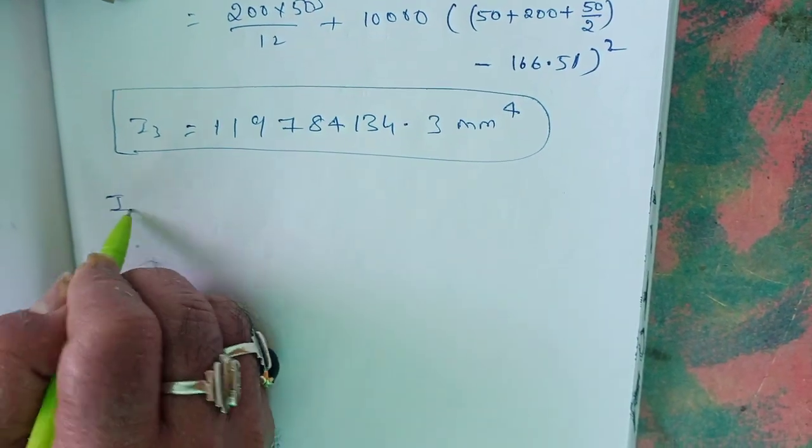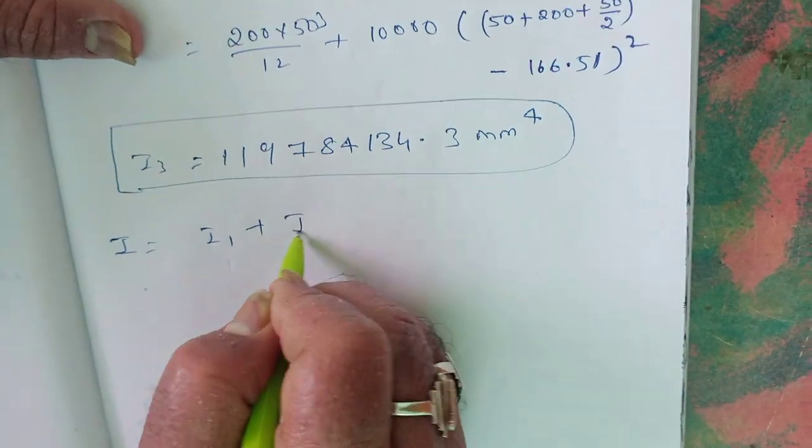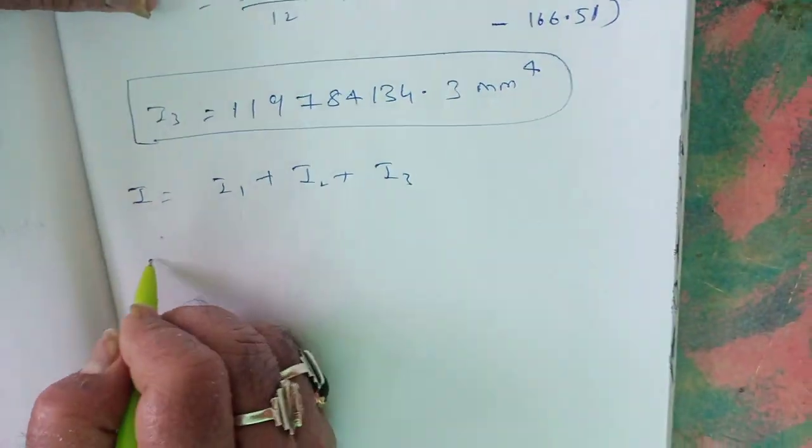Now we need the moment of inertia I, which is equal to I1 plus I2 plus I3.